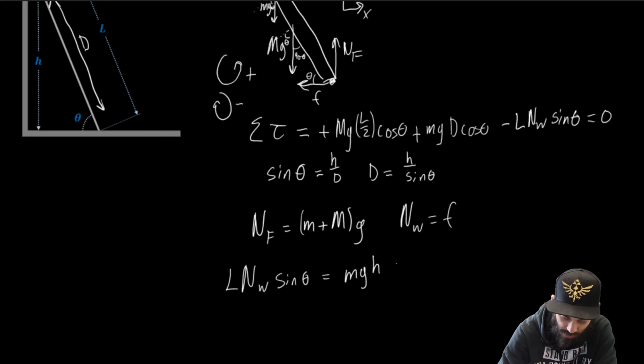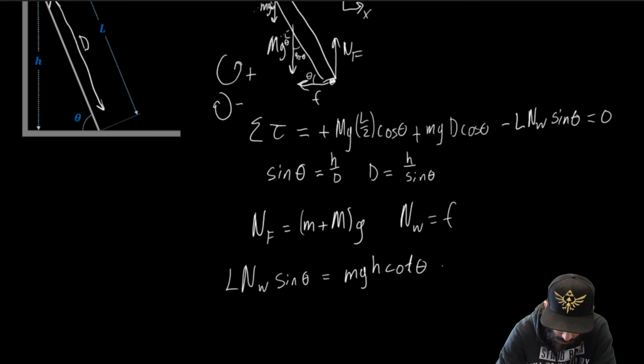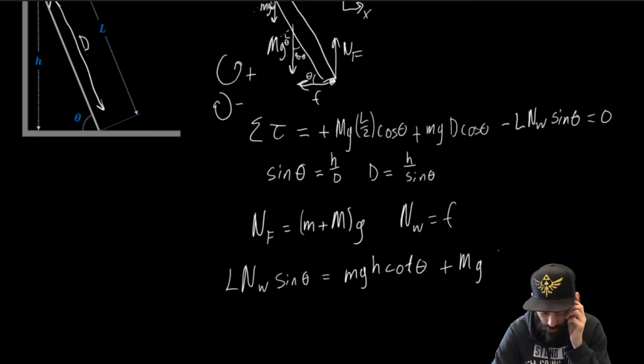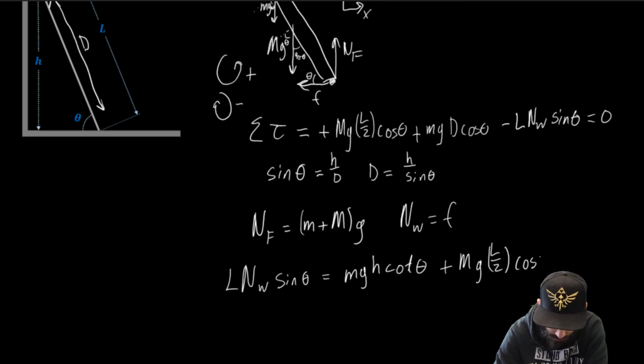Cosine of theta divided by sine of theta is going to be a cotangent of theta. So cotangent of theta plus capital Mg times cosine of theta. So this is going to be capital Mg times L divided by 2 times cosine of theta, okay?